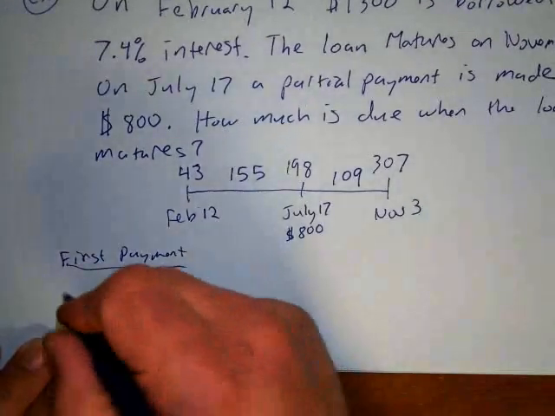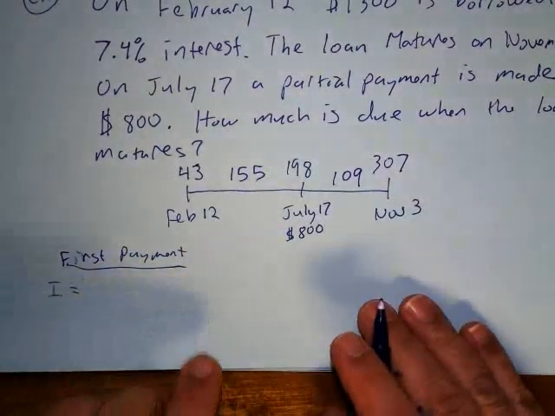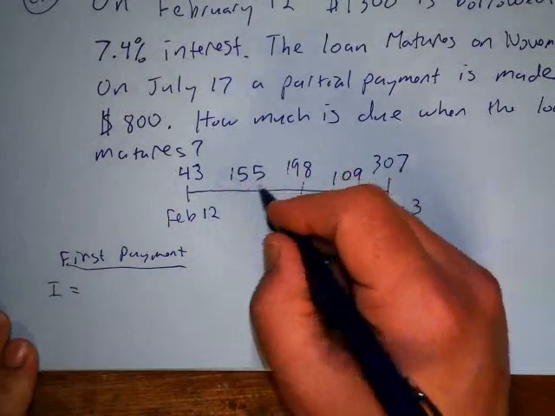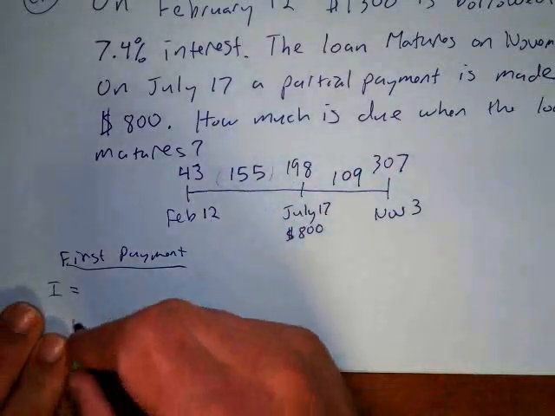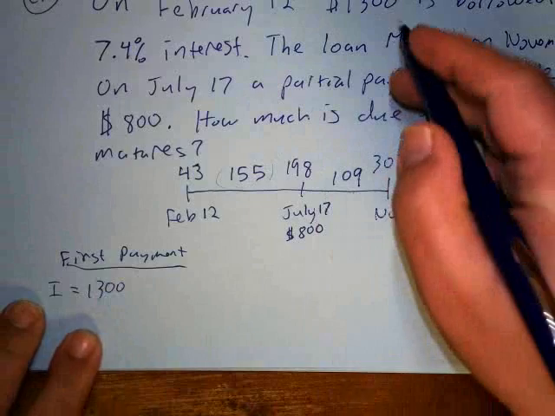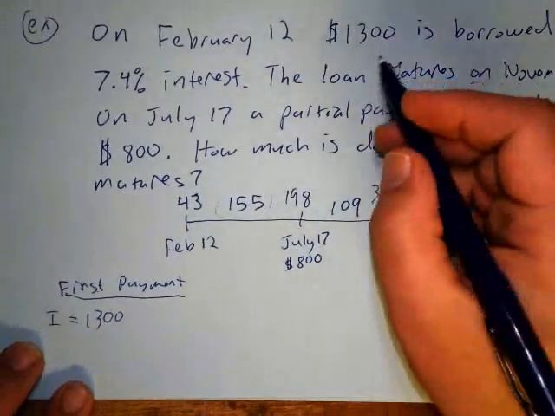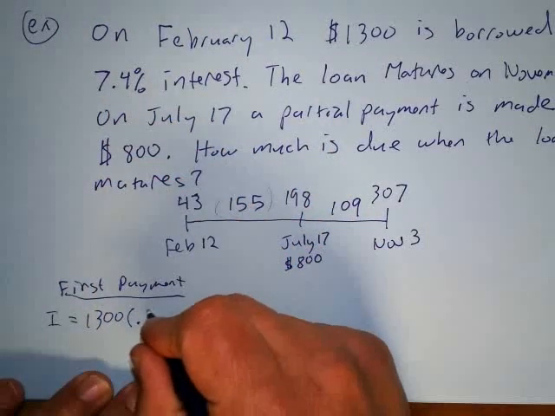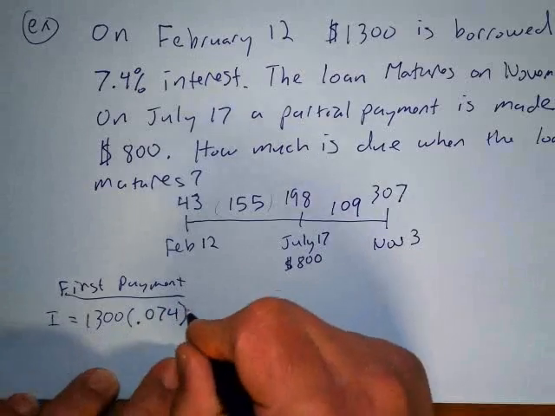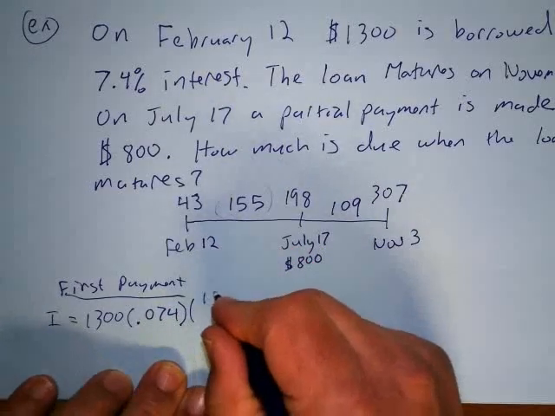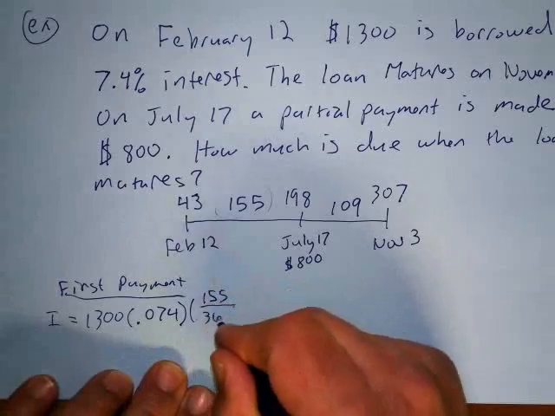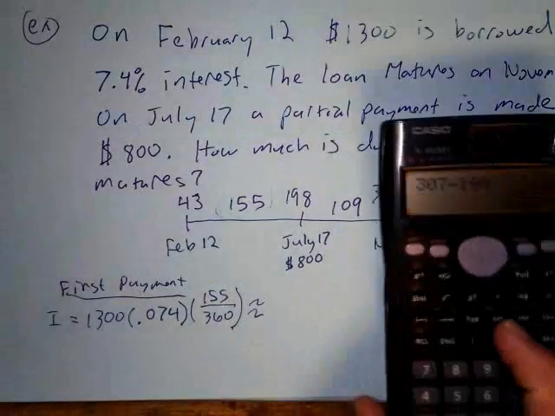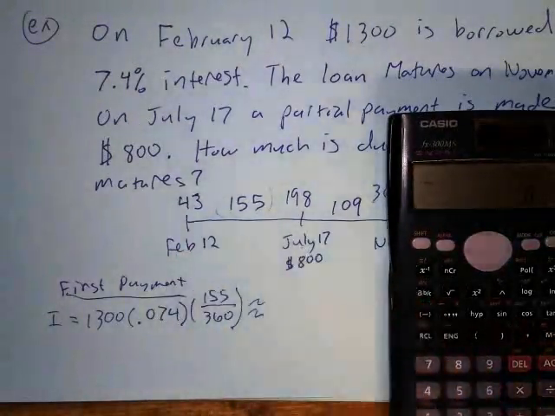What you have to do is calculate the interest that you owe from February 12th to July 17th. So you're going to use this as your number of days. I have 1,300. I have to pay interest over the whole principal here. And then I take the interest rate, written as a decimal, and this period is 155 out of 360 days. Okay, and that's going to give me how much interest I owe on July 17th.